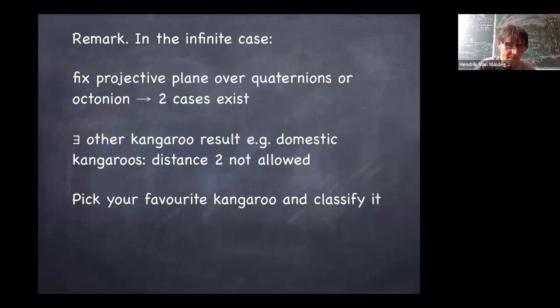But my experience is that these kangaroos are rare, and they bring the beautiful subgeometries to the surface, like this generalized hexagon that we met there. They always fix large subgeometries. So in that spirit, when you examine kangaroos, you are really examining substructures of your favorite graph.